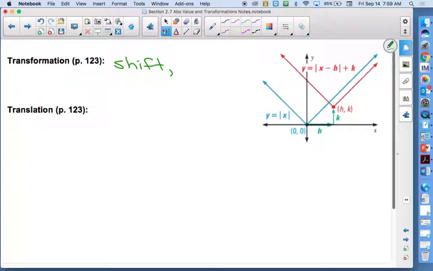Julian? You could flip it with your axis. Yeah, you could flip it. We usually call that a reflection. That's the math word. Reflect it, flip it. How else could a graph change? Odette? Dilation. Yeah, what does that mean if you have a dilation? Changes the size. Changes the size, yeah.